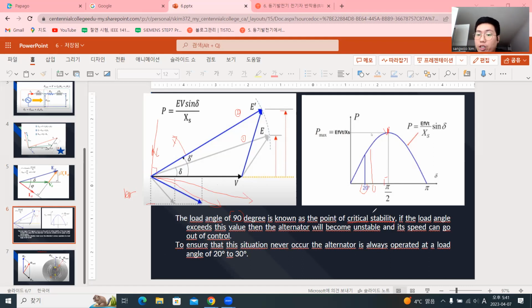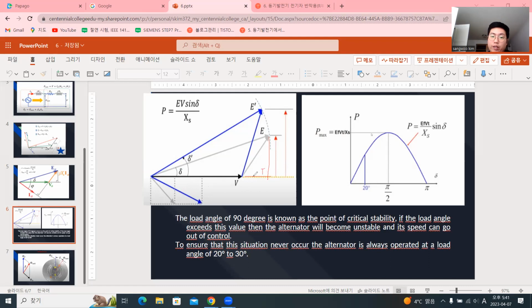So we will say 90 degrees is the critical stability limit. And then what I wanted to show you is here. Look at that, I'll make a triangle here.